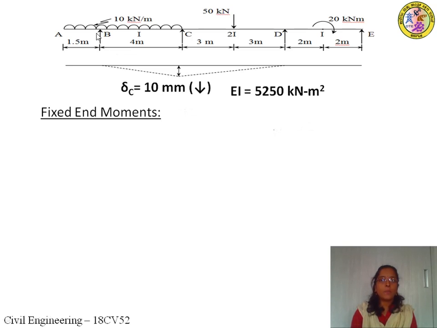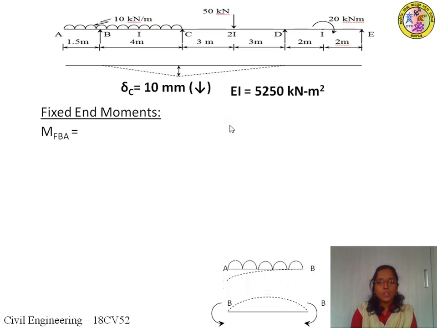Before that, because of the overhanging portion, we can directly find the value of MBA. This is the overhanging portion AB, which is subjected to UDL.